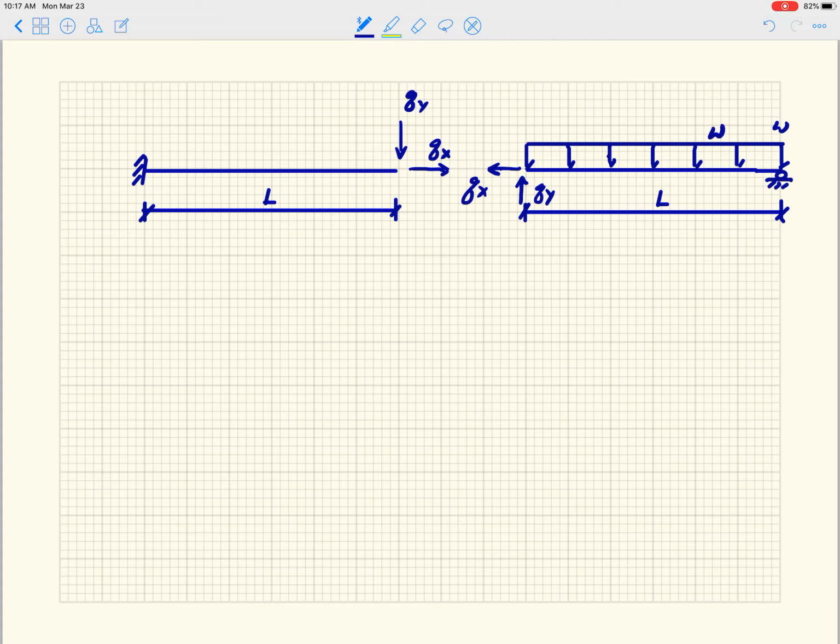Then in red, I can also apply my reactions. We'll call this RAY, this RAX, and this RAZ, and then this one here we will call RCY.